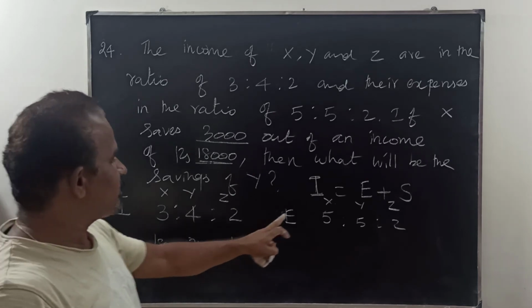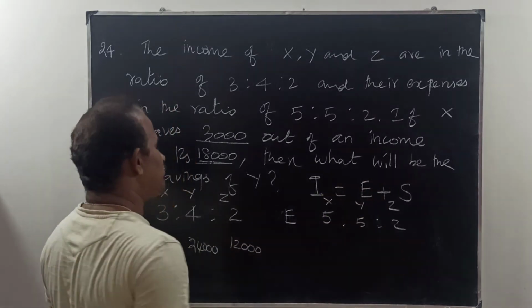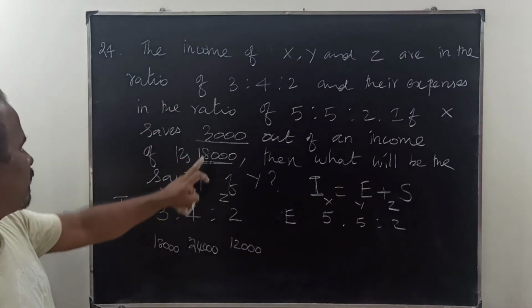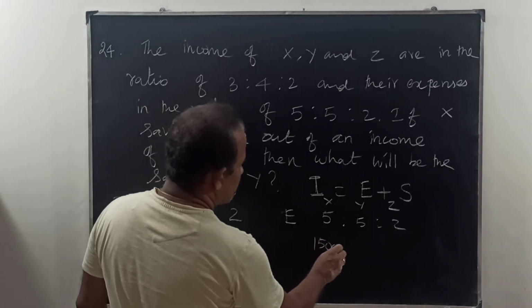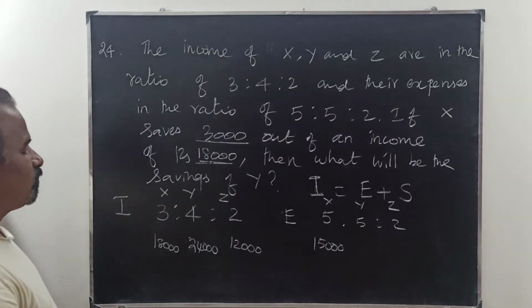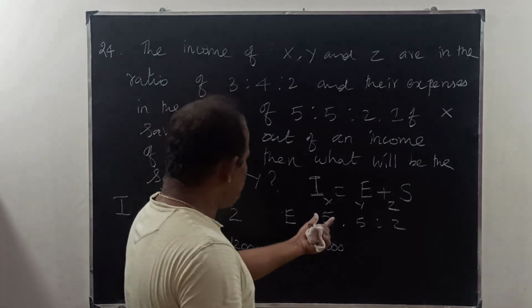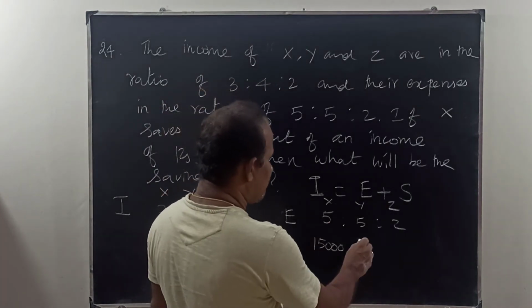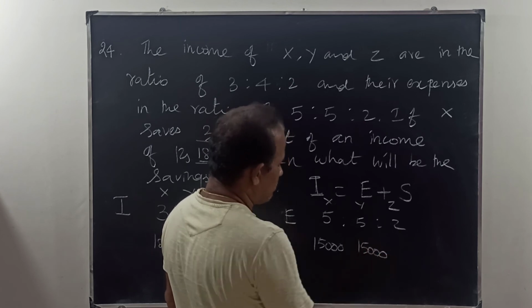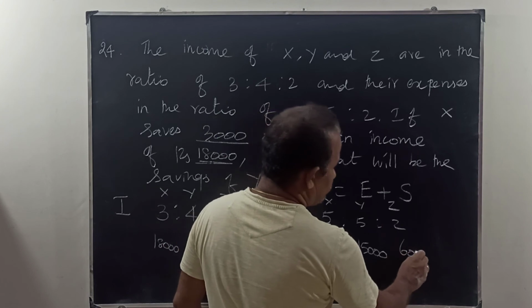But income minus savings is equal to expenditure. 18 minus 3 is equal to 15,000. Therefore, the expenditure of X is 15,000. Here 5 parts is 15,000, 1 part is 3,000. So again here is 15,000, and here is 6,000.